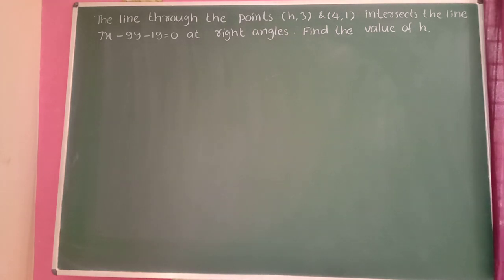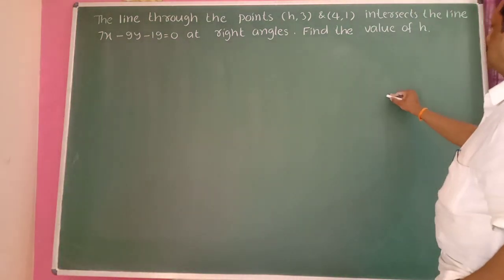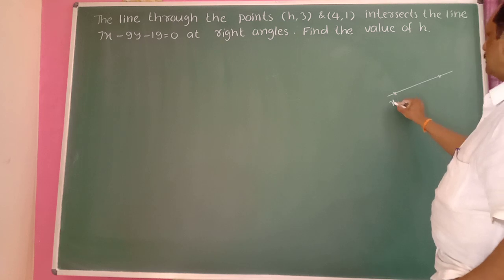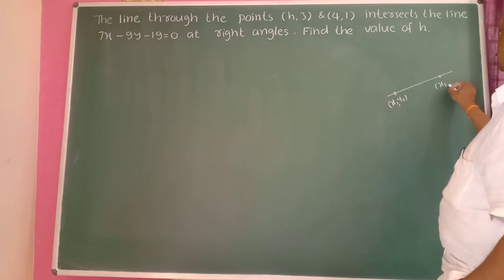The line through the points (h, 3) and (4, 1) intersects the line 7x minus 9y minus 19 equal to 0 at right angles. Find the value of h here. You know, suppose a line passes through two points x1, y1 and x2, y2.